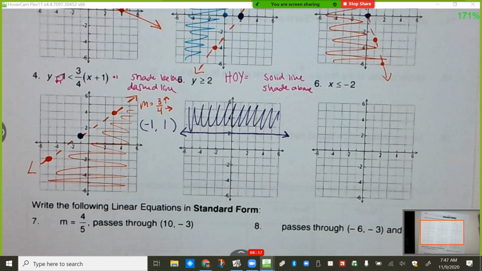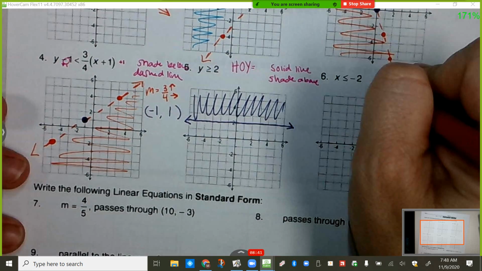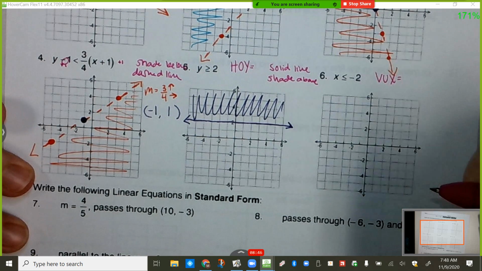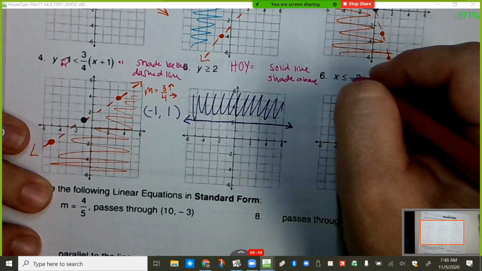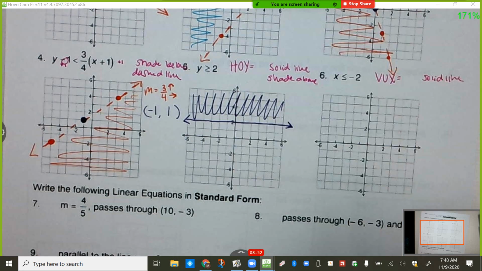Now this next one is an x with no y, so this is a VUX equation, vertical undefined x equals equation. Okay, and it's a solid line because it's equal to, and it says x is less. Now this is a vertical line, so you cannot shade above or below. So you have to think, where are your smallest x values, to the left or to the right?